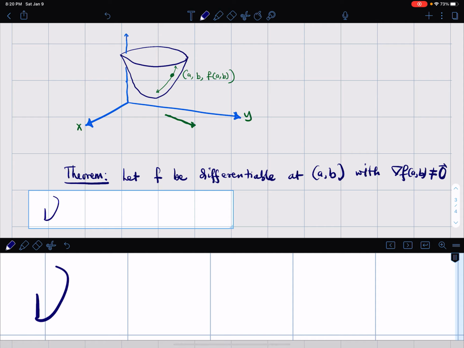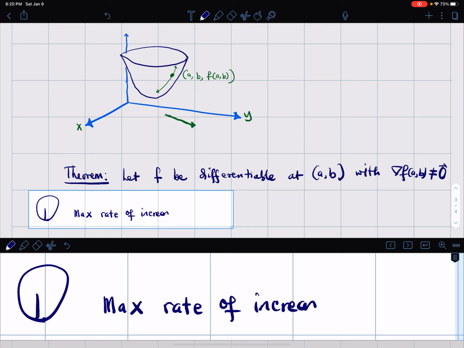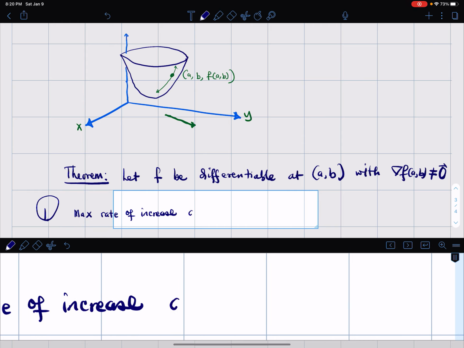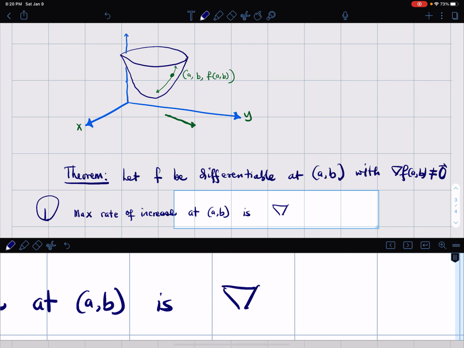Now, f has the maximum rate of increase at (a, b) in the direction of the gradient.